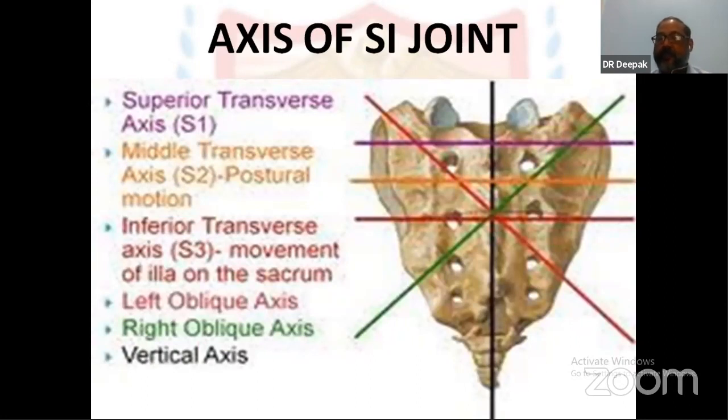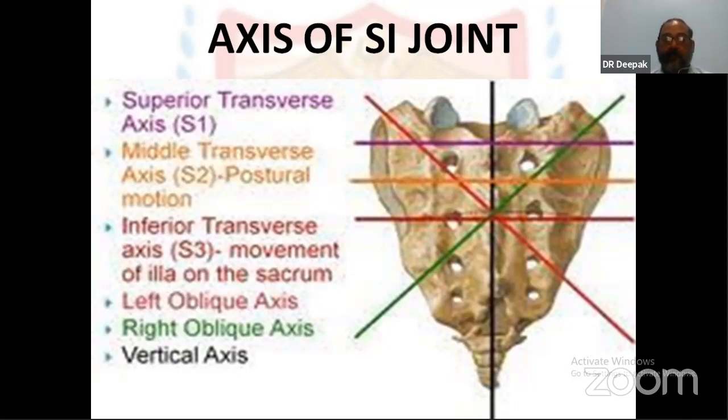There are 3 transverse axes in the SI joint. First is at the S1 level, that is the superior transverse axis. Second at the S2 level, that is the middle transverse axis. And the third one is the inferior transverse axis, which is at the level of the S3 sacral vertebra.